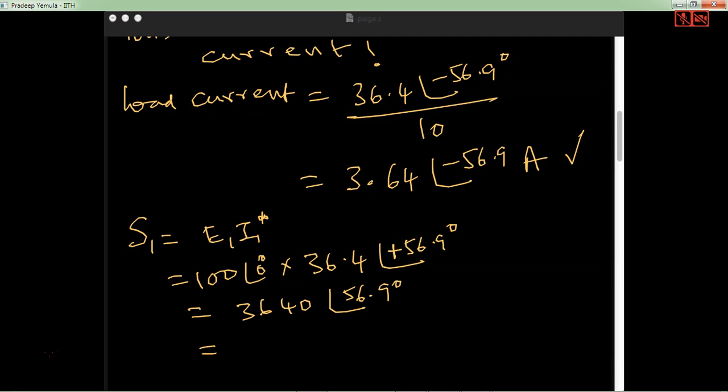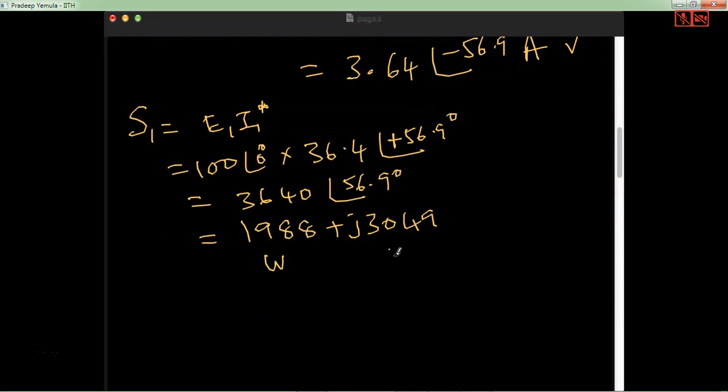So how do you do that? So this is 1988 plus J3049. So this is watts and this is vars, supplied because it is positive.